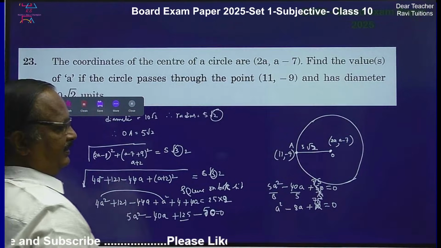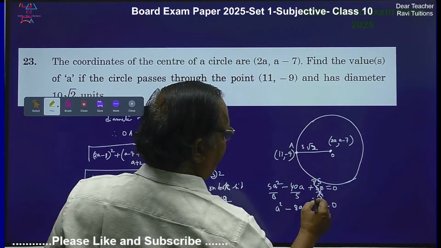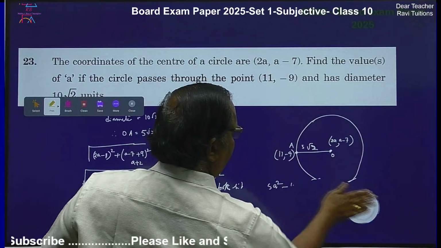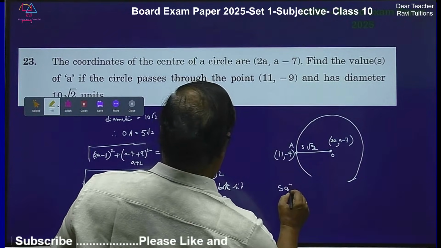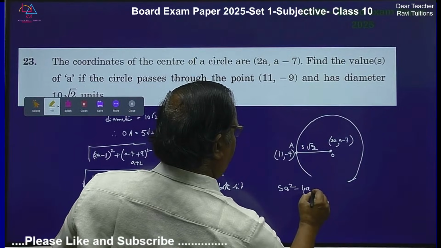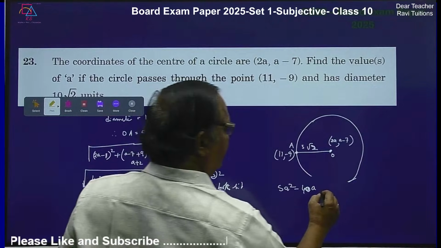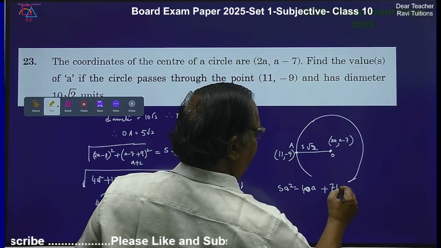Okay, 75 means how much? 15. So 5a square minus 40a. Whenever you are not getting the answer, somewhere you must have made a mistake.